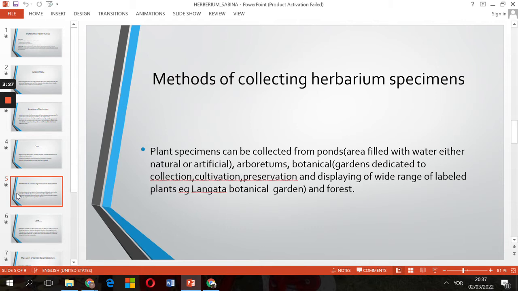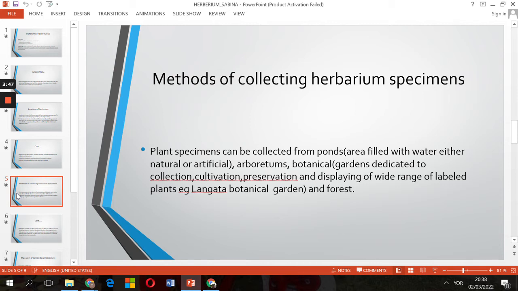Then we go to methods of collecting herbarium specimens. Plant specimens can be collected in various places, for example ponds, and here a pond is defined as an area filled with water, either natural or artificial.